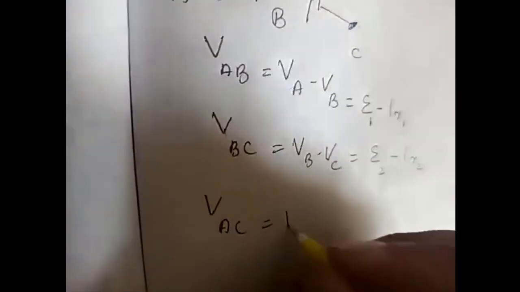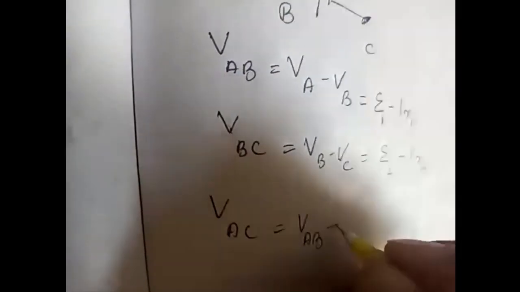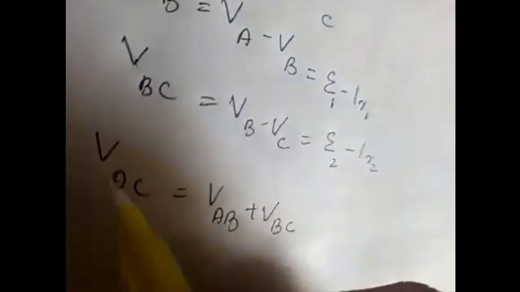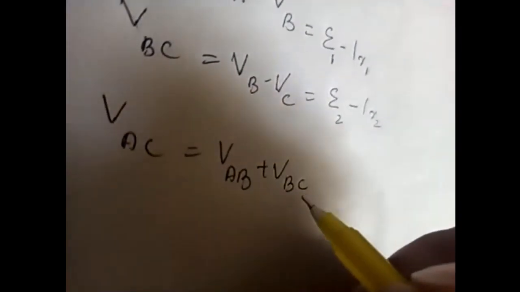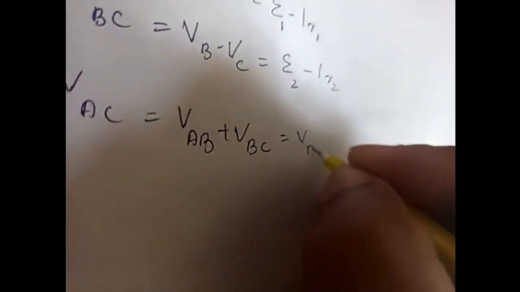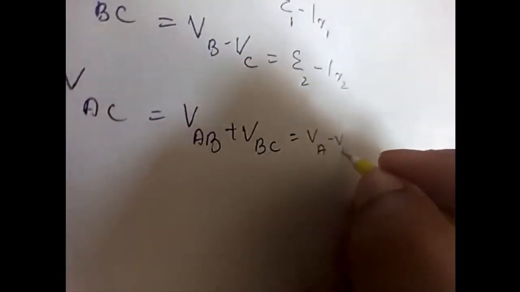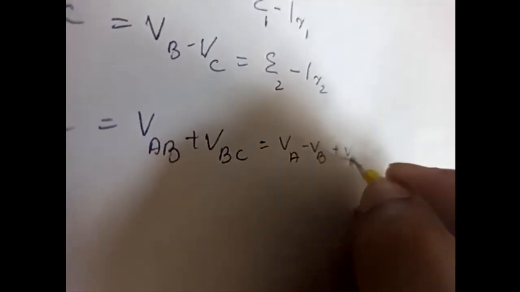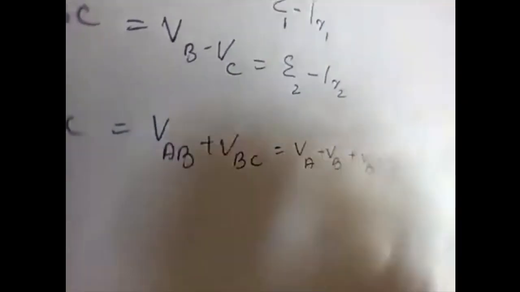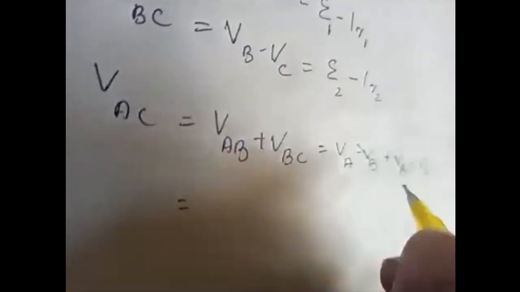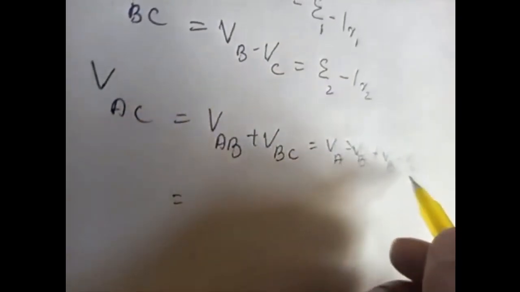That will be equal to V_A minus V_B plus V_B minus V_C. So this V_B term cancels, and we get V_A minus V_C.